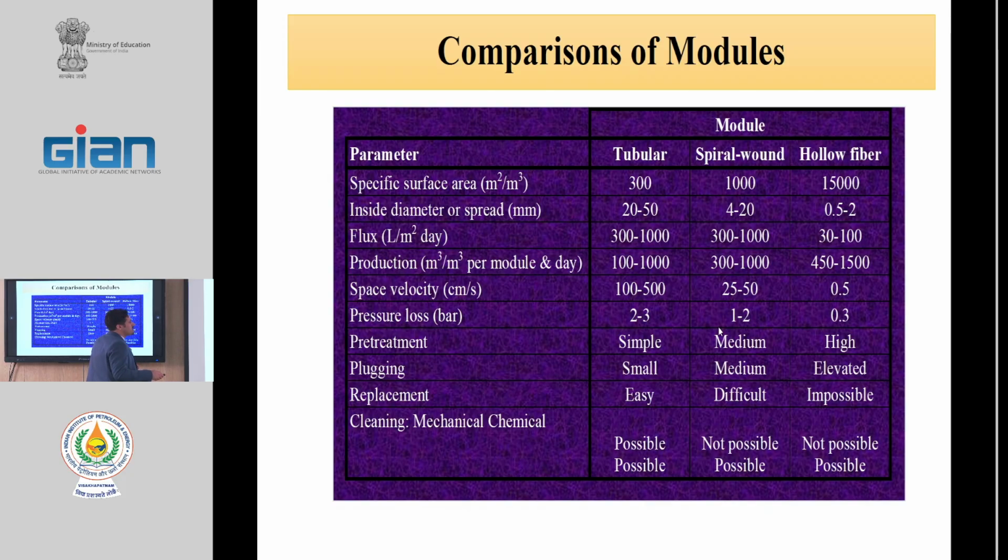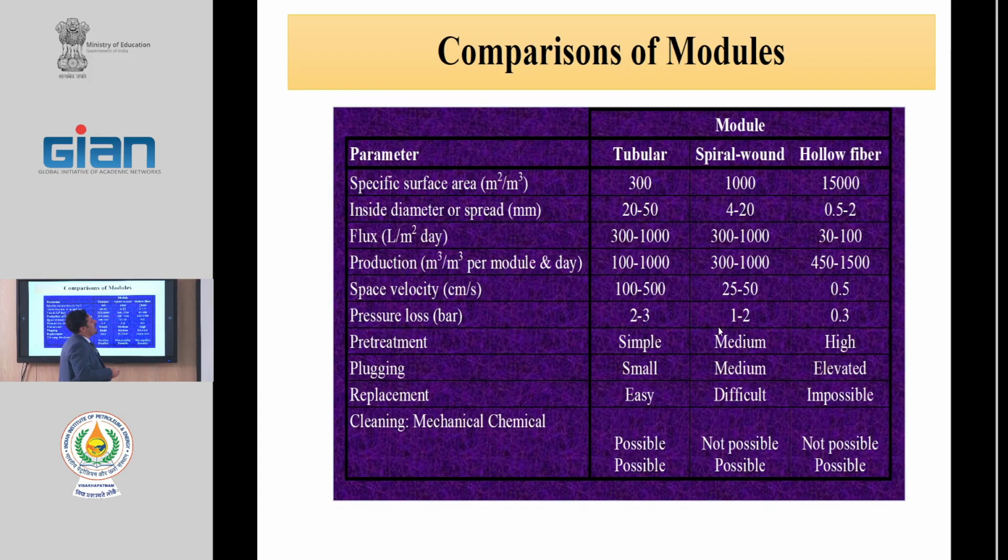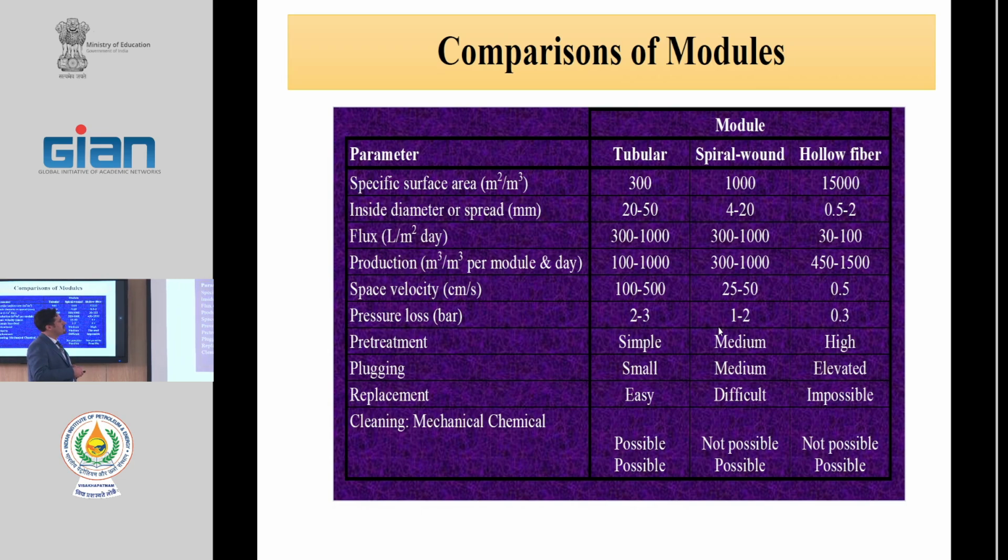But generally, the cleaning of the hollow fiber membranes is very hard. Therefore, as a conclusion, when we have low pressure and low flux, the hollow fiber module is the best choice. But for high pressure, we use spiral wound modules. And when we have particles in the feed, we try to use tubular membranes.